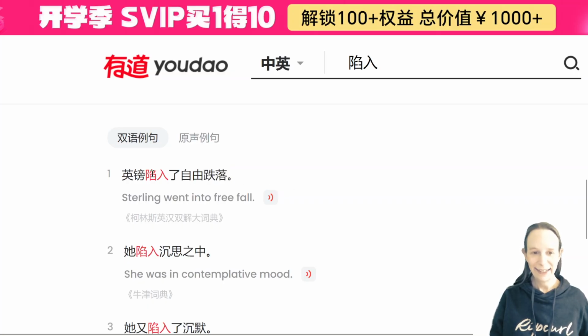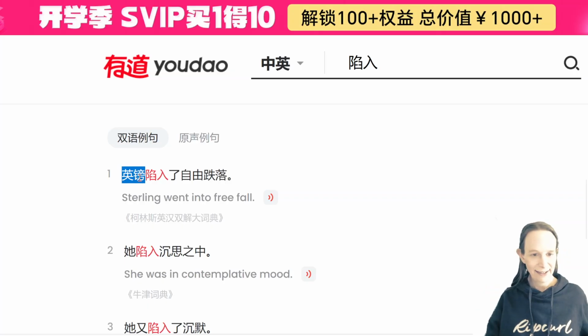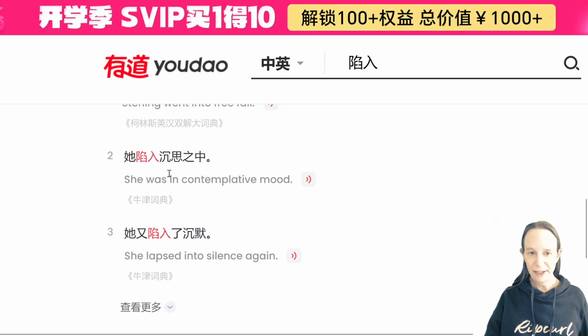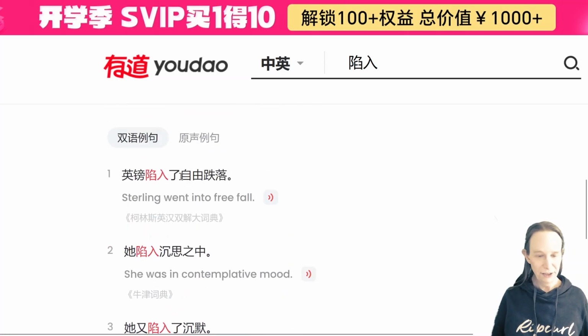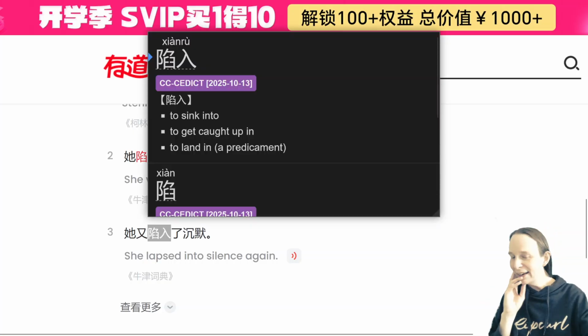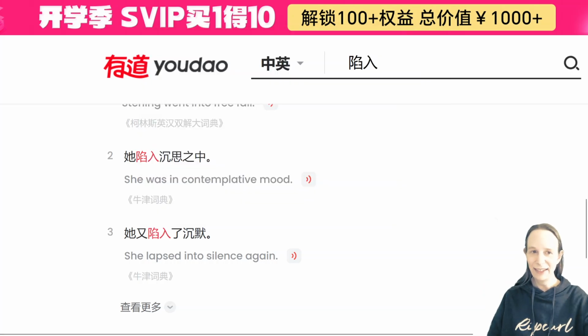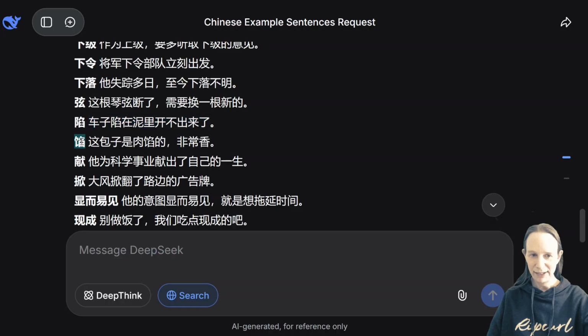So 英镑 is British pound. 她陷入沉思之中. So she sunk into deep thought. 还有陷入了沉默, lapsed into silence. So I guess here it's not so much a negative thing, but often it is a negative thing. Or at least that's been my experience.